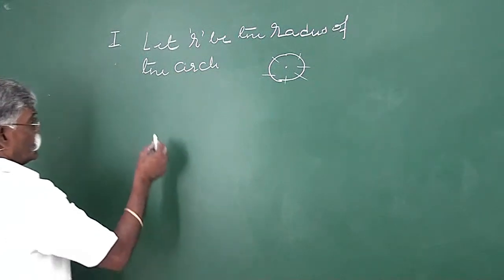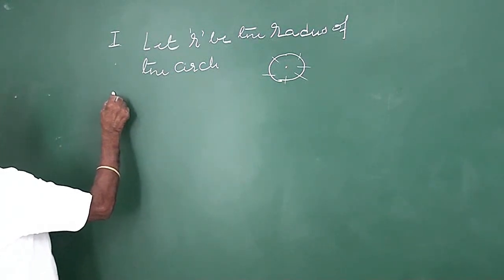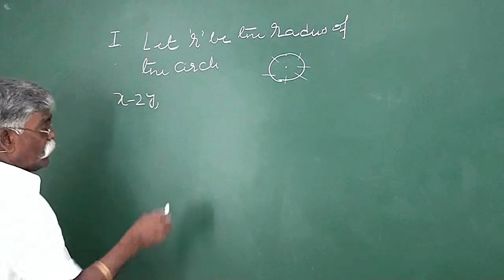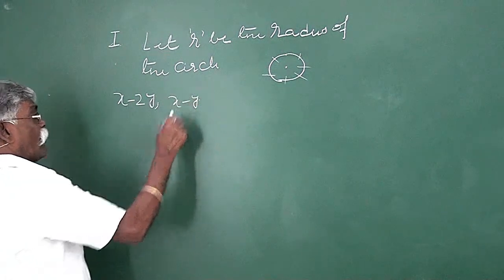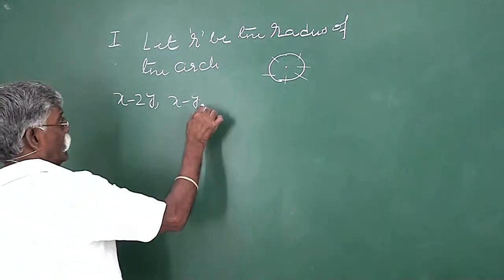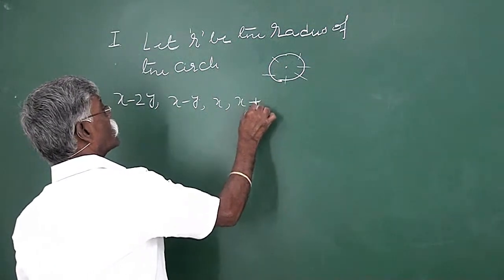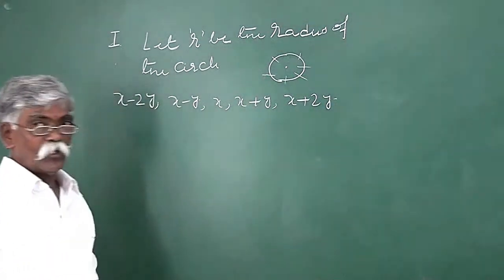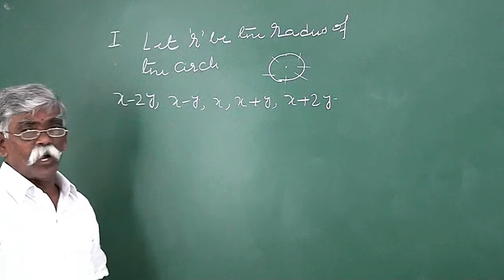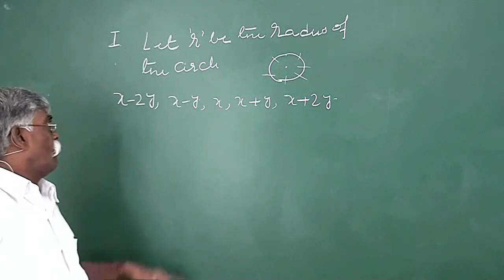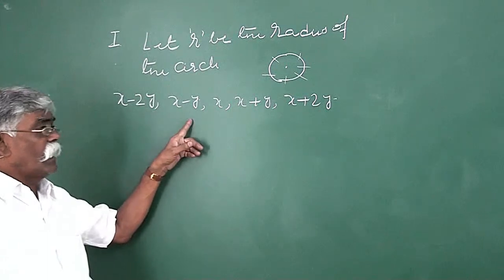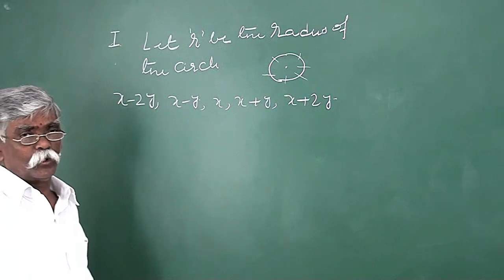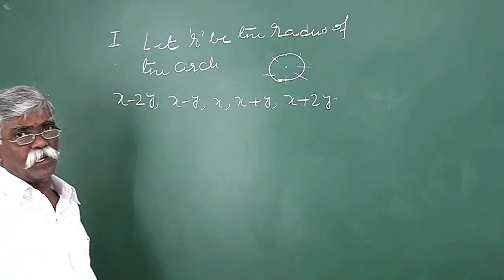So let us take the 5 parts as x minus 2y, x minus y, x, x plus y, and x plus 2y. So the 5 parts of the circumference are taken as x minus 2y, x minus y, x, x plus y and x plus 2y, because they are in AP.